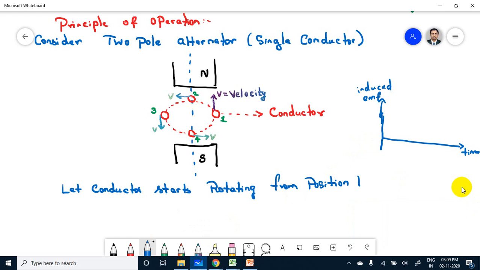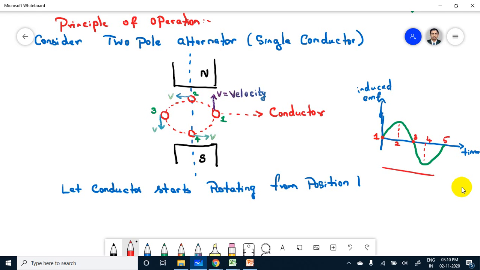So what is the induced EMF shape in AC? In AC the induced EMF shape is sinusoidal. The positions I am marking here: this is 1, this 90 degree point is 2, this point is 3, this point is 4, this point is 5.